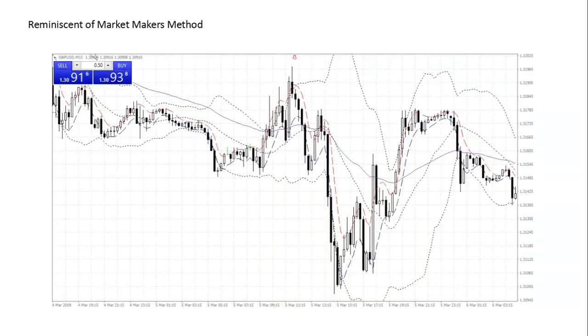Now, I also wanted to touch on this because as time has gone along, I've realized that I've been working with a lot of people who are familiar with the market makers method as their previous education. They started with the market makers method, and so they've gotten used to that way of looking at the charts.